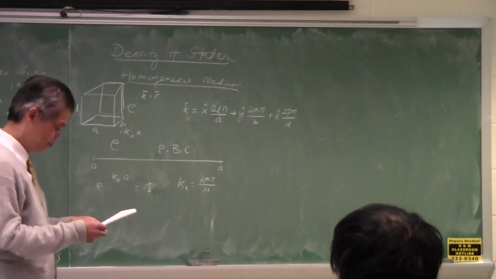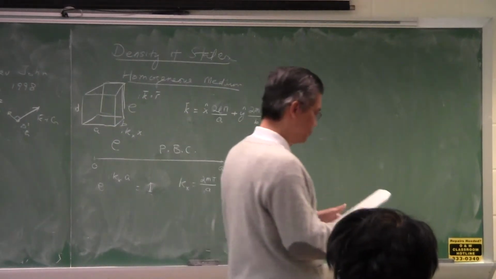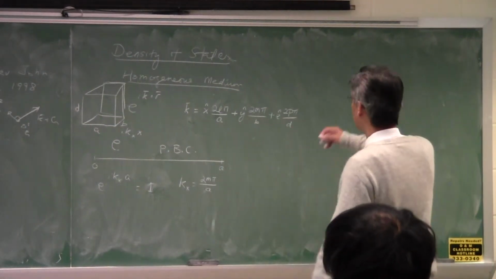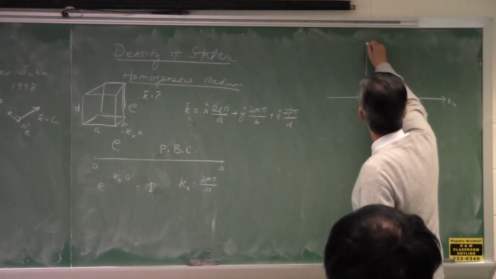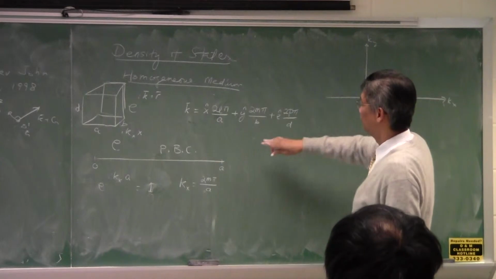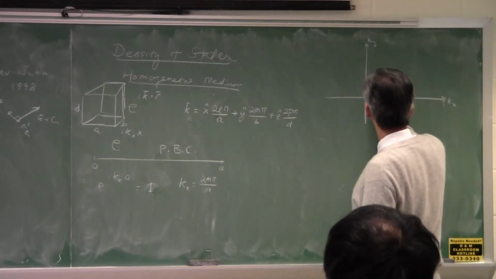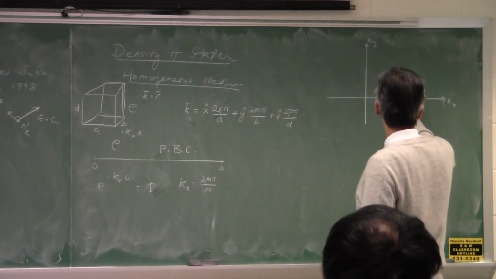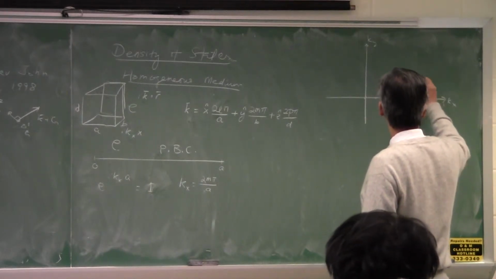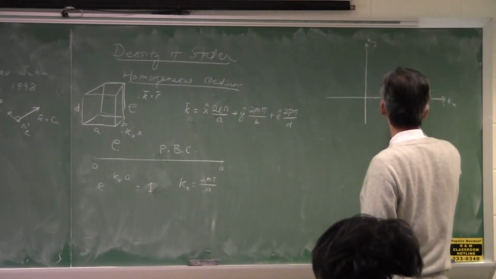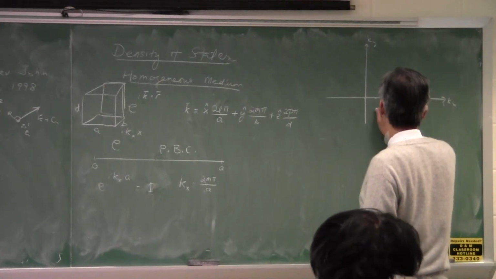Okay. So, for instance, in 2 dimensions, if I were to draw this picture, kx, ky, I will find solutions at the periodic lattice points in the Fourier space.